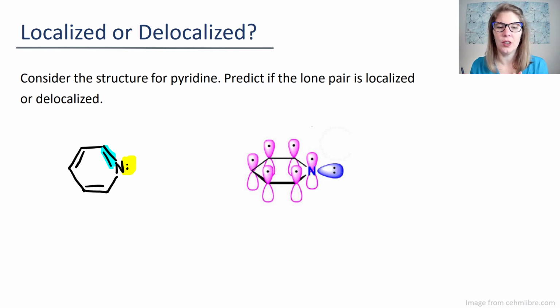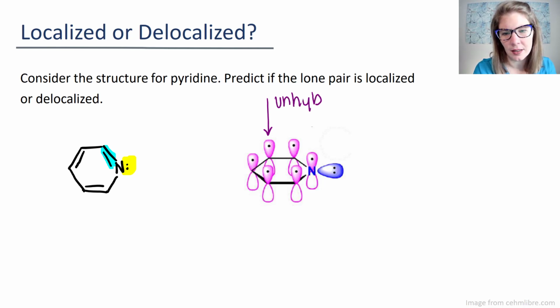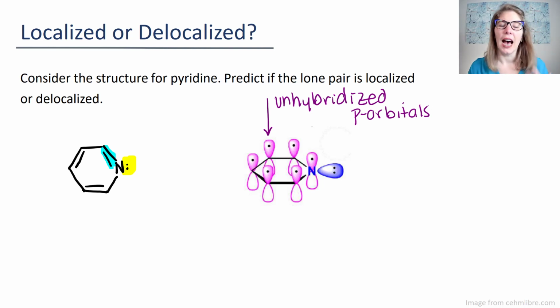Off to the right-hand side, I have an orbital diagram picture of what pyridine looks like. What this is trying to illustrate is each of these pink orbitals are unhybridized p orbitals on each of the carbons.